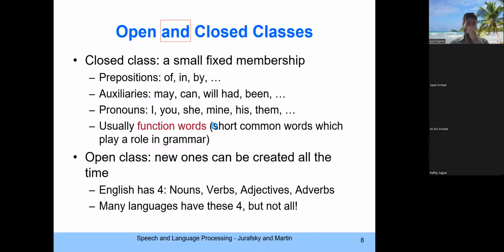You don't have new words coming in or other words going out of these groups. So the membership is fixed, and usually it's not very large. If you talk about prepositions, you have a decent number of prepositions, but not massive. In, under, over, besides, all of these are prepositions.